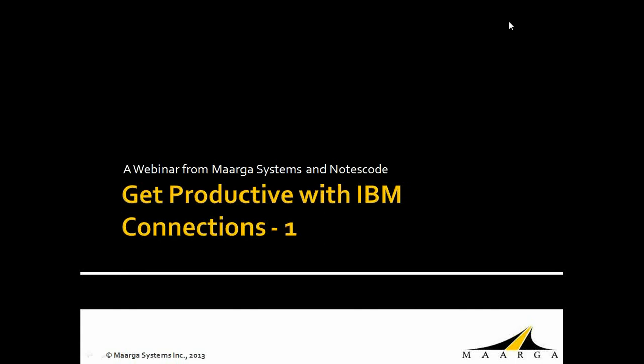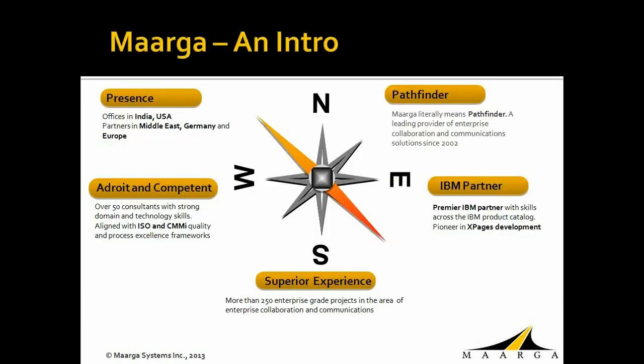Hi everybody. My name is Ananta Subramanian, and I'm going to be talking today about getting productive with IBM Connections. Quick intro about Maarga Systems, our company. We are based out of Chennai, India. We have an office in the US. We work with partners in the Middle East, Germany, and Europe.